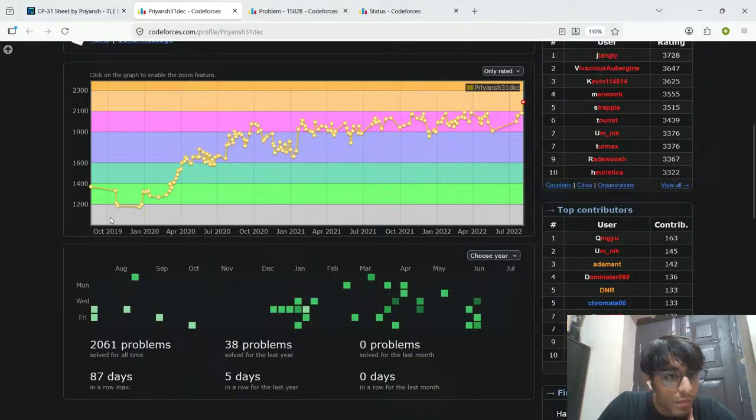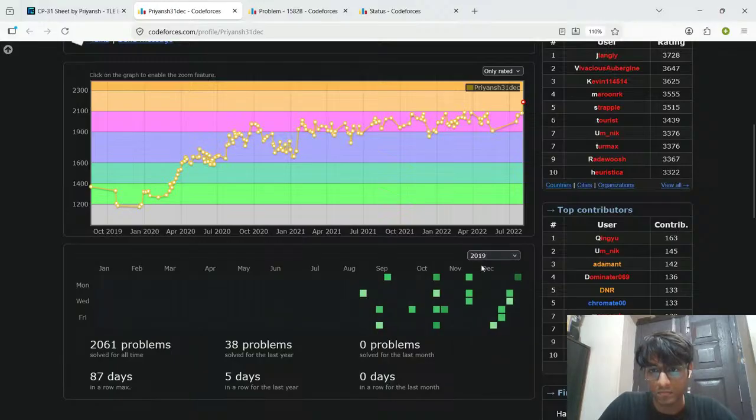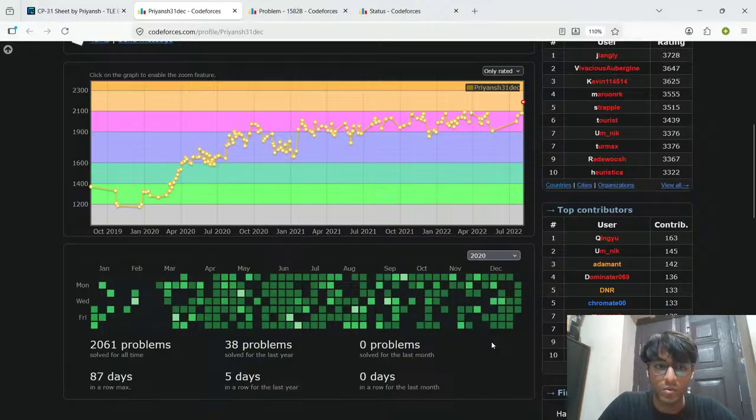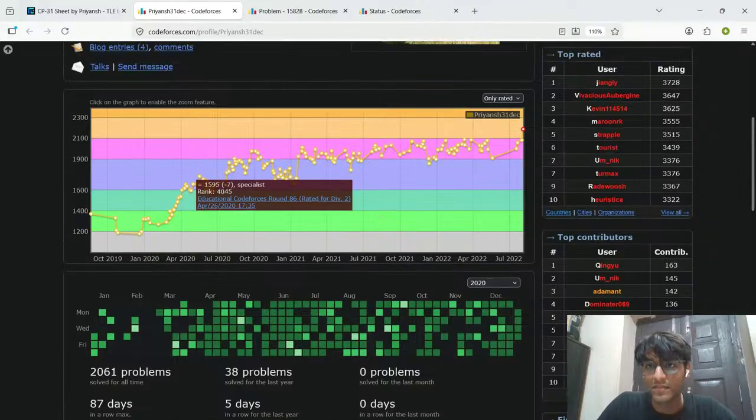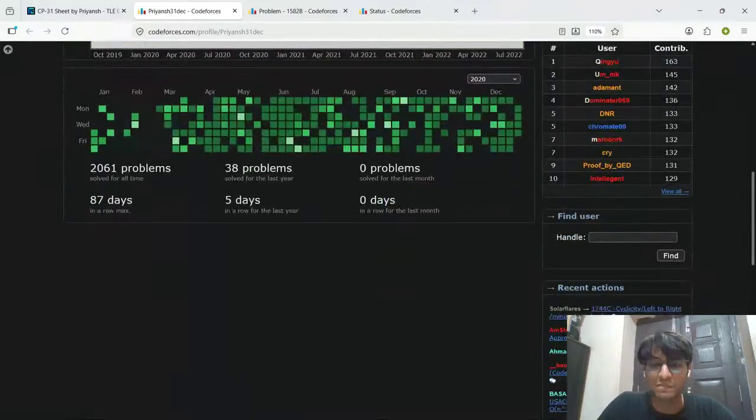In a span of around 8 months, he was coding much. So from March to April, he was able to get this high. This is the difference.